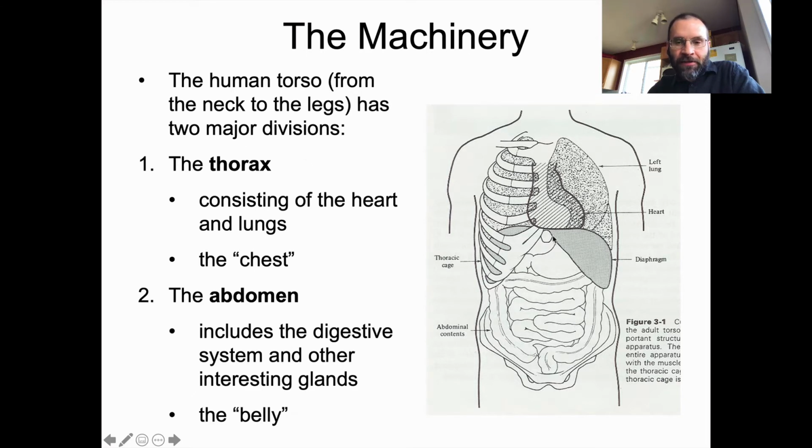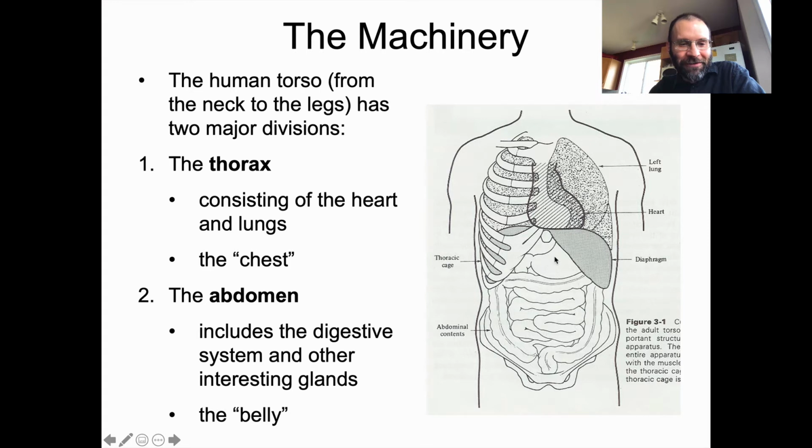That, as you can see from this diagram, is split off from the second part of your torso, which is called the abdomen, or if you want to get non-fancy about it, it can be called the belly as well. So there's this muscular structure in between those two called the diaphragm, which subdivides the torso into these two parts. The abdomen has a lot more than just two major organs in it.